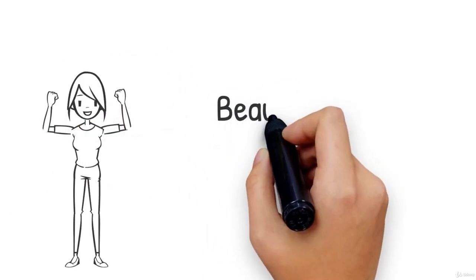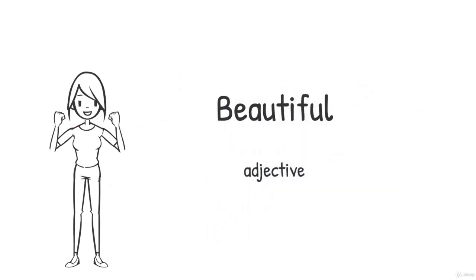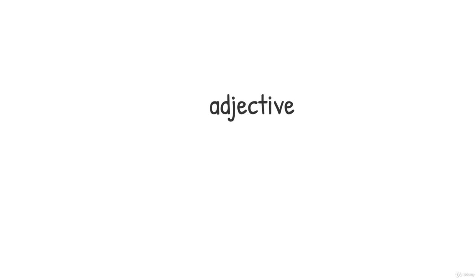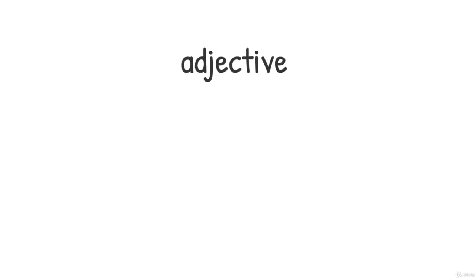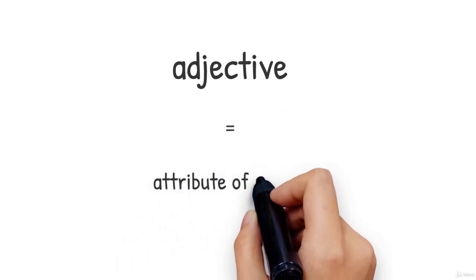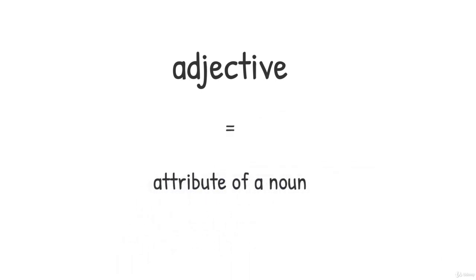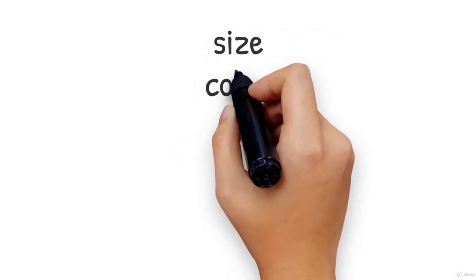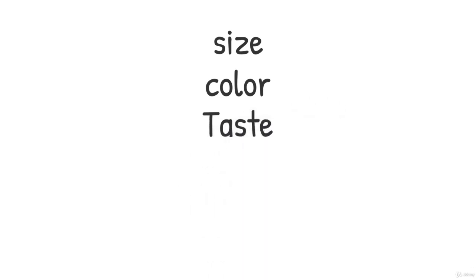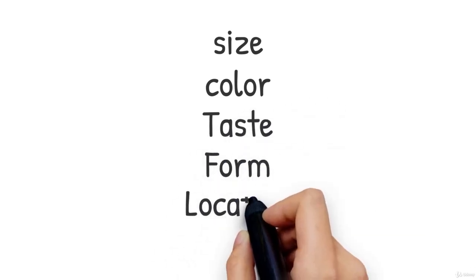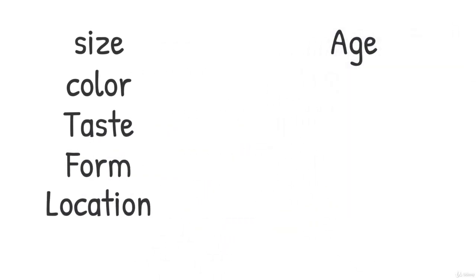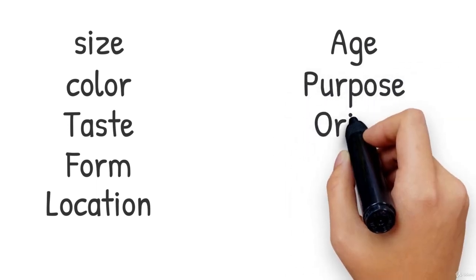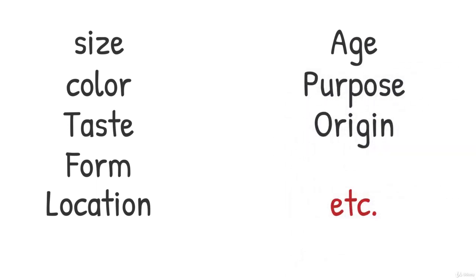The word beautiful is an adjective. An adjective is a part of speech whose function is to show an attribute of a noun. By attribute of a noun, I mean its size, color, taste, form, location, age, purpose, origin, and so on.